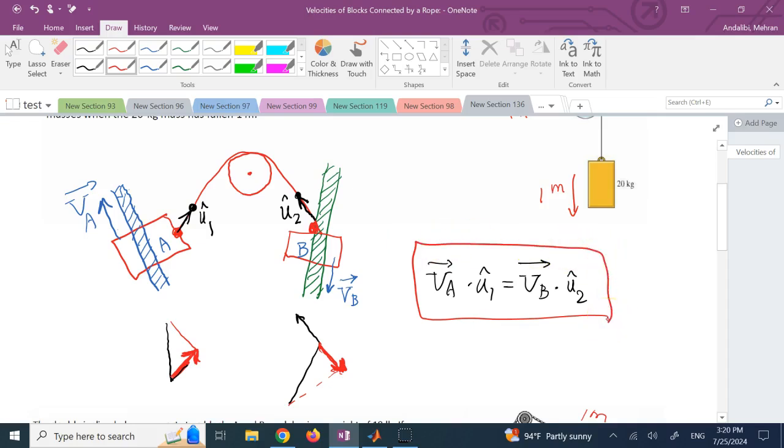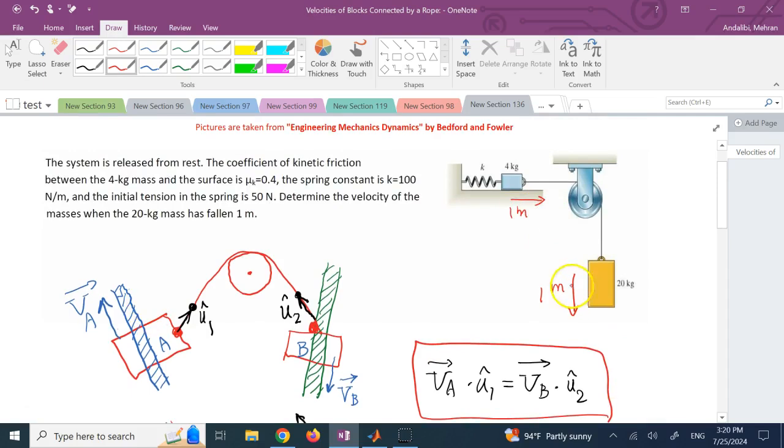In this case, this is U1, this is U2, and we take them in the same direction as the velocities.